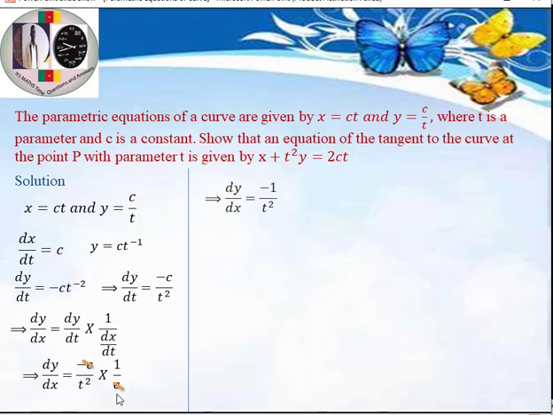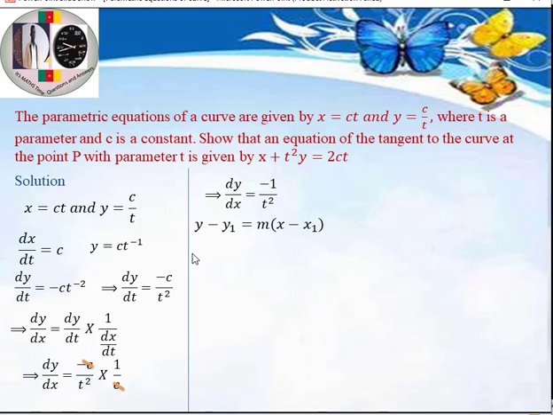So if we have that minus 1 over t squared, then we have already said that the equation of a tangent to a curve is given by y minus y1 equals m times x minus x1. We know everything. y1 is the value of y that is given here, c over t, and x1 is the value of x that is given here, ct, and m is what we have gotten as dy/dx, which is minus 1 over t squared.